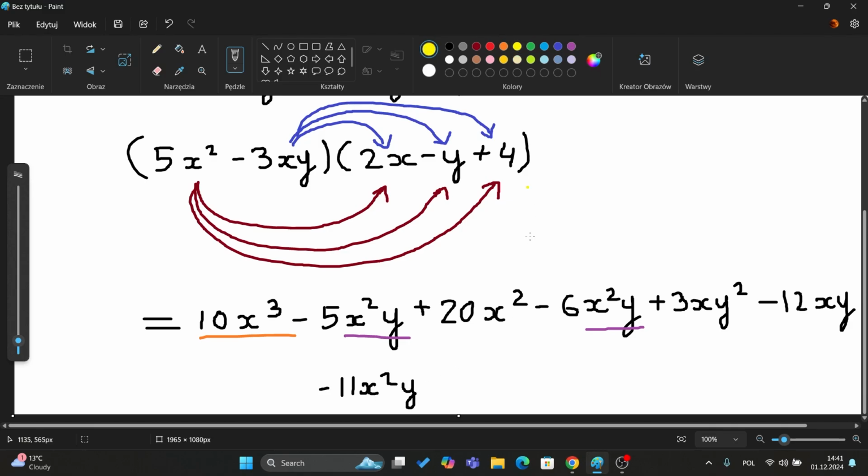Then you have the x squared here, which doesn't have any friends as well, so we just leave it as plus 20x squared. 10x cubed can be left as well because it doesn't have any friends, and xy squared doesn't have any friends either, and the xy also doesn't have any friends.